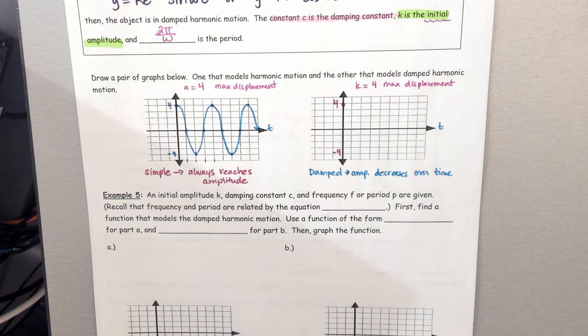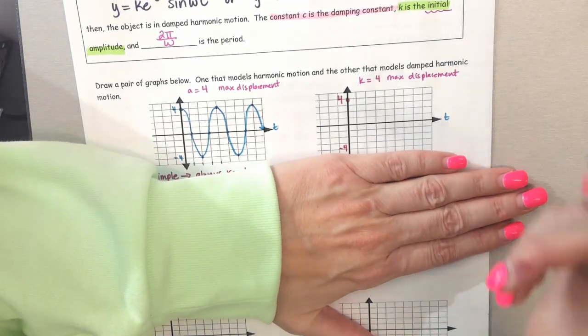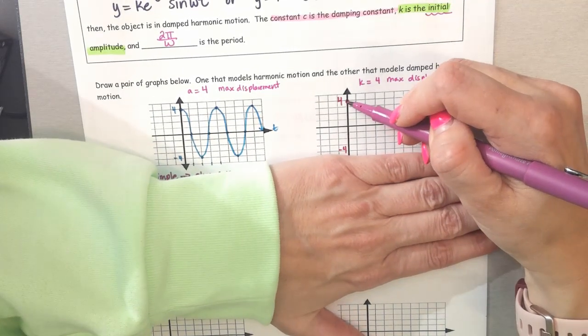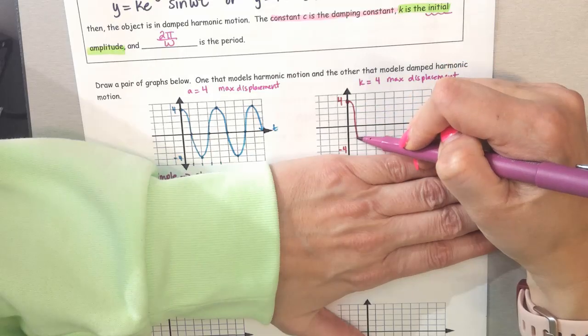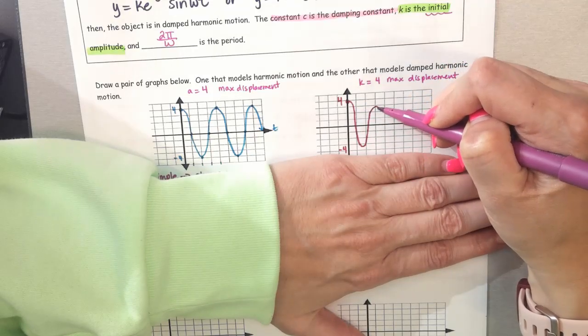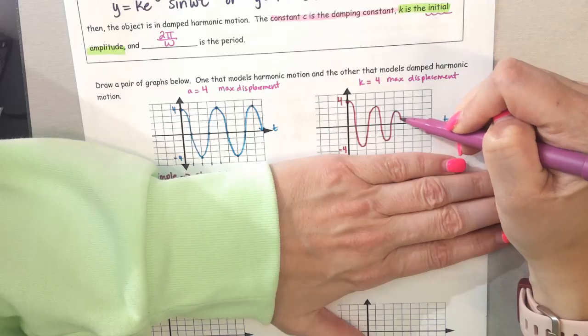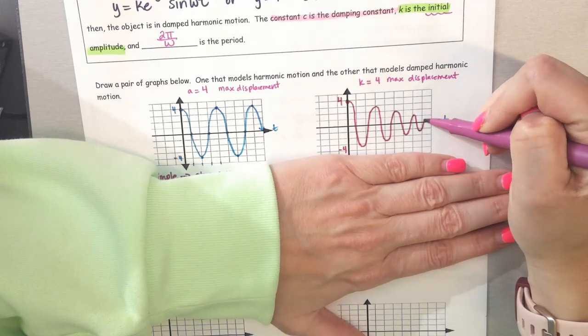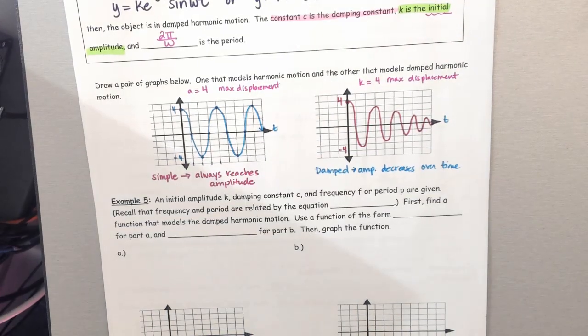And then, like I said earlier, I'm going to let you draw an exaggerated version. So I'll just have you watch me and then I'll give you time to do it. Because it decreases over time, I'm going to let you just start at the maximum. And then you're just going to show that over time, it gets smaller and smaller. And then you can just do that all the way to the end.